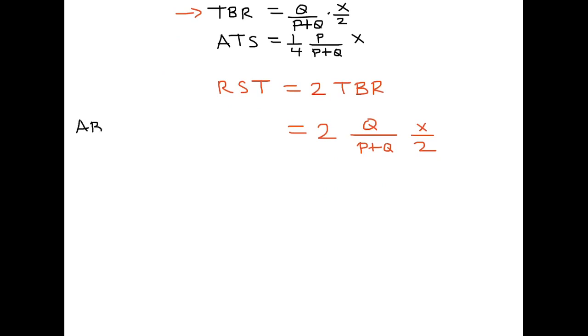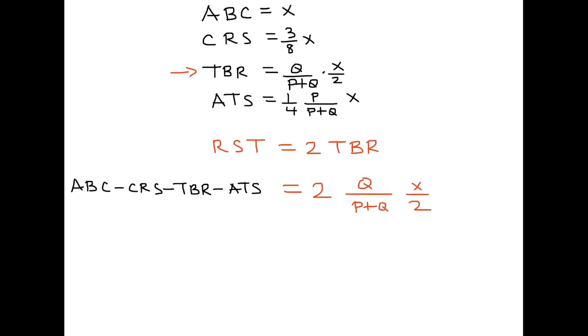If you recall, it was ABC minus CRS minus TBR minus ATS. ABC is right here, it's X. CRS is right here, it's 3/8 X. TBR is here, we've got Q over P plus Q times X over 2.